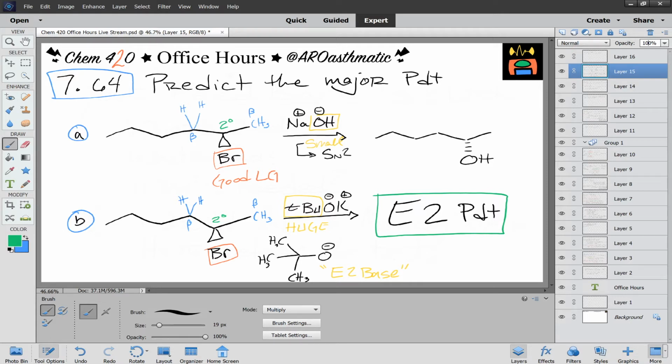And probably would be a minor product. But due to the small size of the nucleophile, I would predict a major Sn2 product.